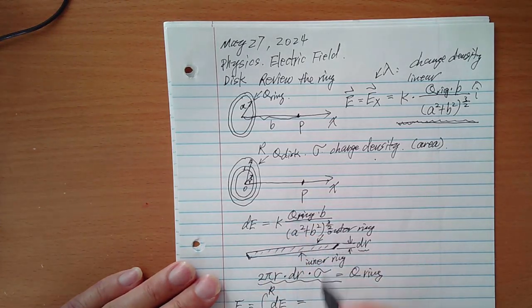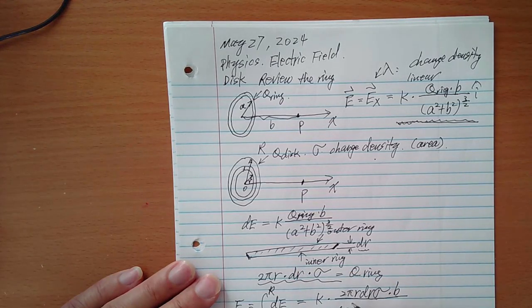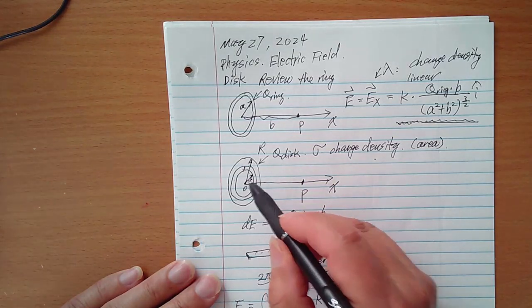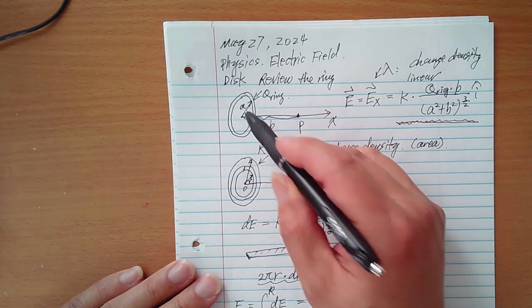We're going to copy this, which is k times Q ring, which is this guy, 2 pi R dr sigma times B, and then over A squared plus, I'm sorry, in this case the A is this guy right here, right?